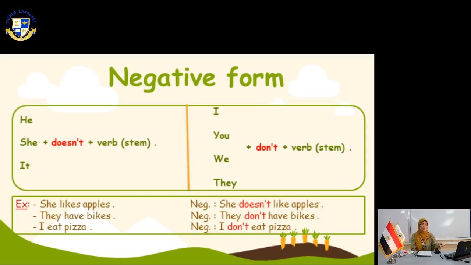So here, the verb with they have, the verb is in infinitive already, so I will put don't and I will not change the verb. I eat pizza. Here also eat is in infinitive or in stem, so I will not change the verb. I don't eat pizza. I will put only don't between the personal pronoun and the verb.